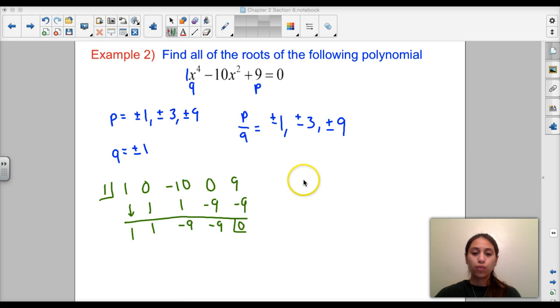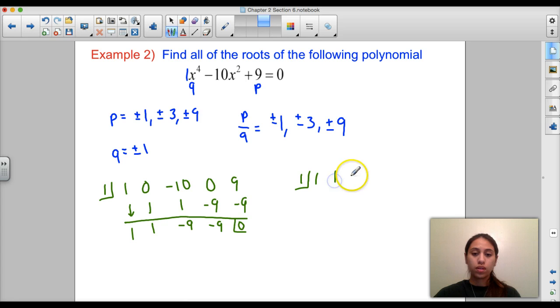Next, we have to see if 1 is a double root by repeating the process with our new coefficients: 1, 1, negative 9, negative 9. If we get a remainder of 0 again, then we know it is a double root.